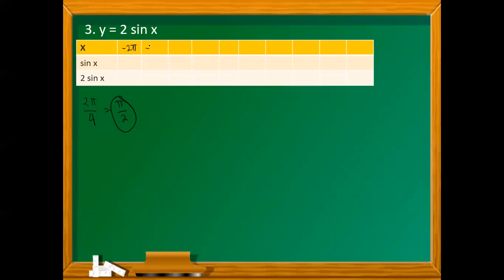So this will be negative 3 pi over 2, and then plus pi over 2, this is negative pi. Plus pi over 2, this will be negative pi over 2. Plus pi over 2 is 0. 0 plus pi over 2 is pi over 2. Pi over 2 plus pi over 2 is pi. Pi plus pi over 2 is 3 pi over 2.